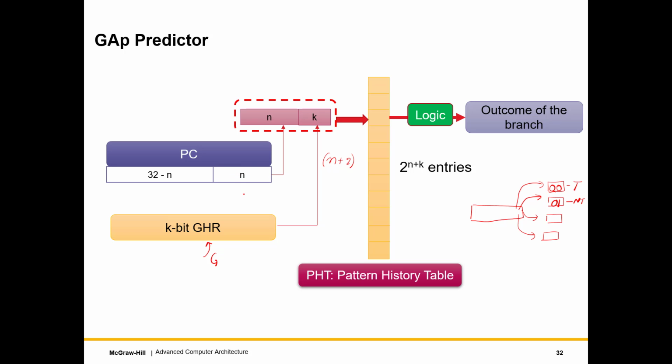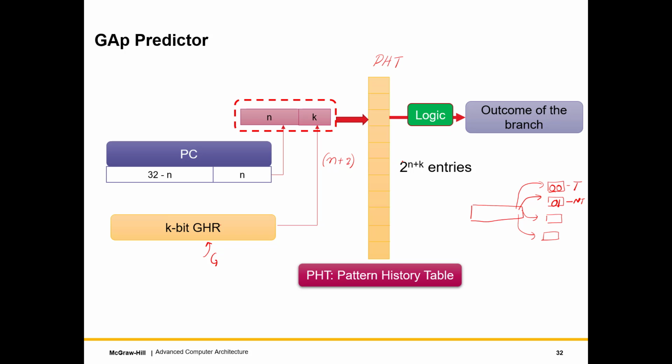The reason we call it gap is because we have the global history, and then we take these PC bits, concatenate them, and address a table. This table is also known as the PHT, or the pattern history table. From this table, we get a single saturating counter as output, and with this, we can determine the outcome of the branch.